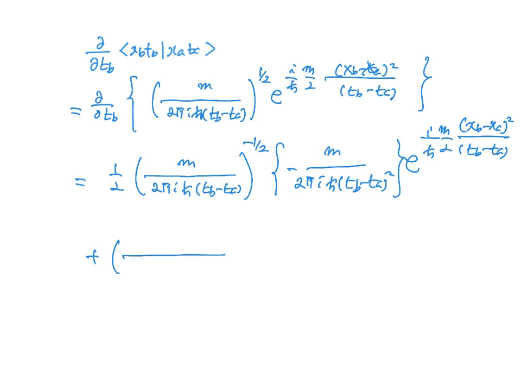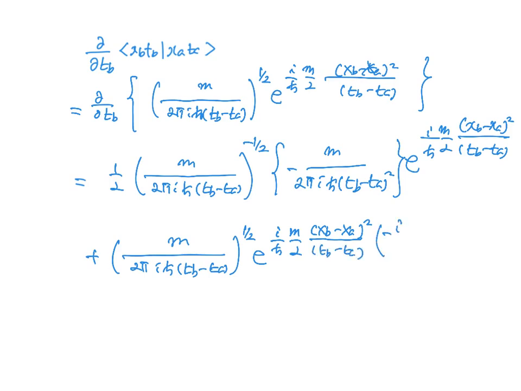So we just leave the factor unchanged, 2 pi i h bar (tb minus ta) to the 1/2, exponential of i over h bar, m over 2, (xb minus xa) squared over tb minus ta, times minus i over h bar, m over 2, (xb minus xa) squared over (tb minus ta) squared.